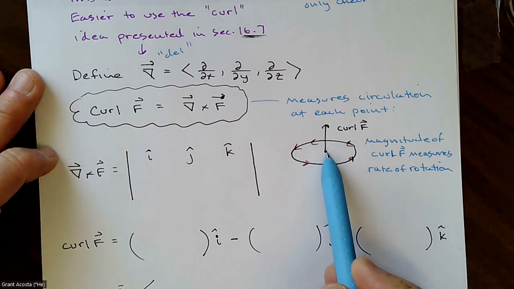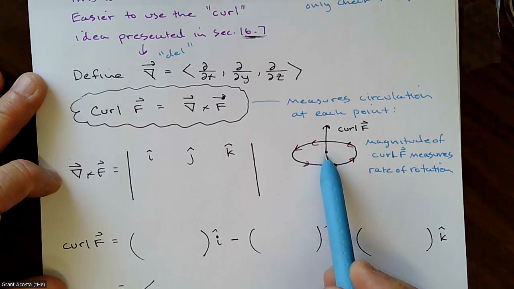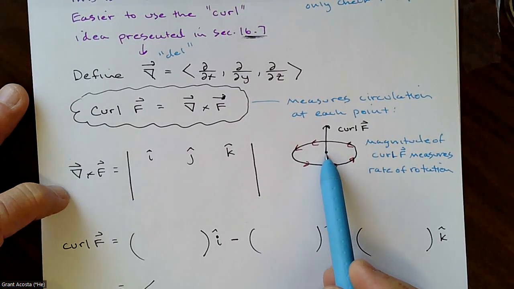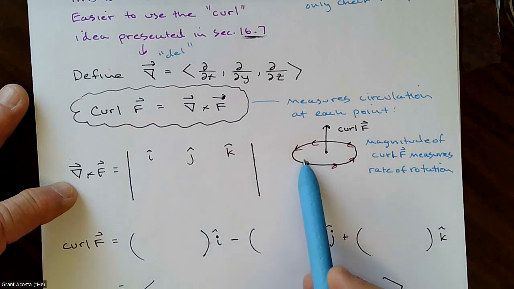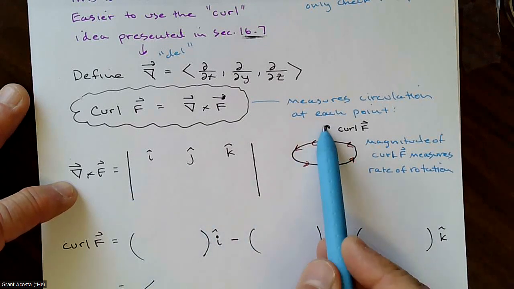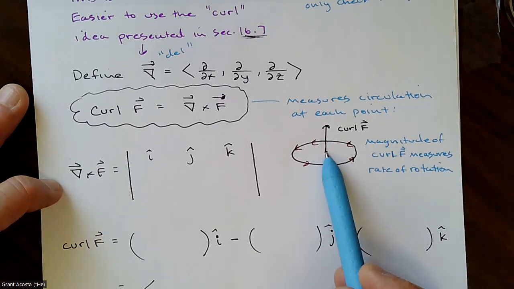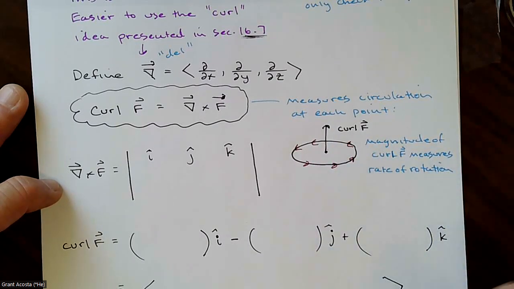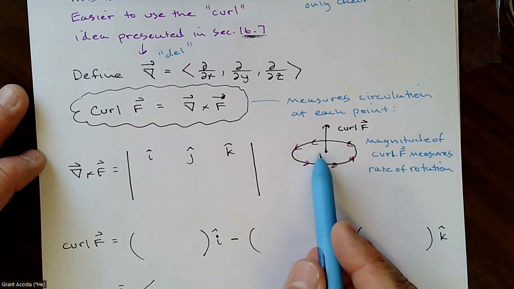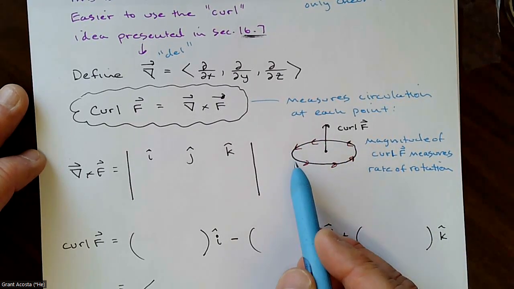When you do a curl with a vector field that's just 2D, it's going to generate a vector that's pointing straight up. And the magnitude of that vector measures the rate of rotation, the tendency for this vector field to push something around a circle.